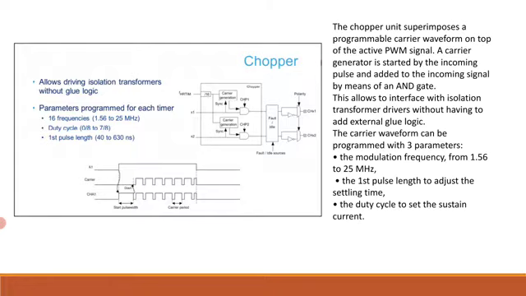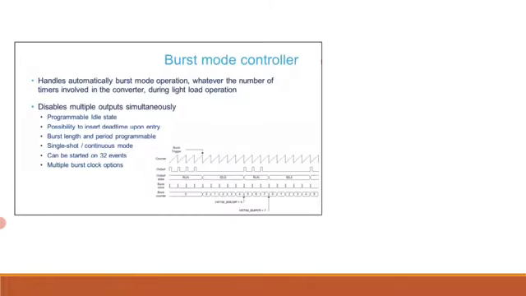Now the burst mode controller. Burst mode operation is commonly used in power converters when operating under light loads. The burst mode controller puts the outputs alternately in idle and run states by hardware, so as to skip some switching periods with a programmable periodicity and length. It can act on multiple timers in parallel.